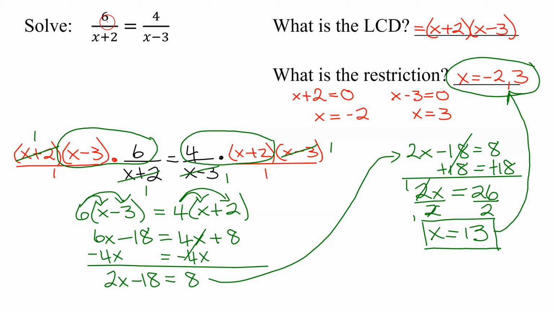And if I did that on this case, I get 6 times x minus 3, which is what we had here, equals 4 times x plus 2, which is what we had here. Cross multiplying is a great method. It's a shortcut method, but it only works if you have one fraction equals another.